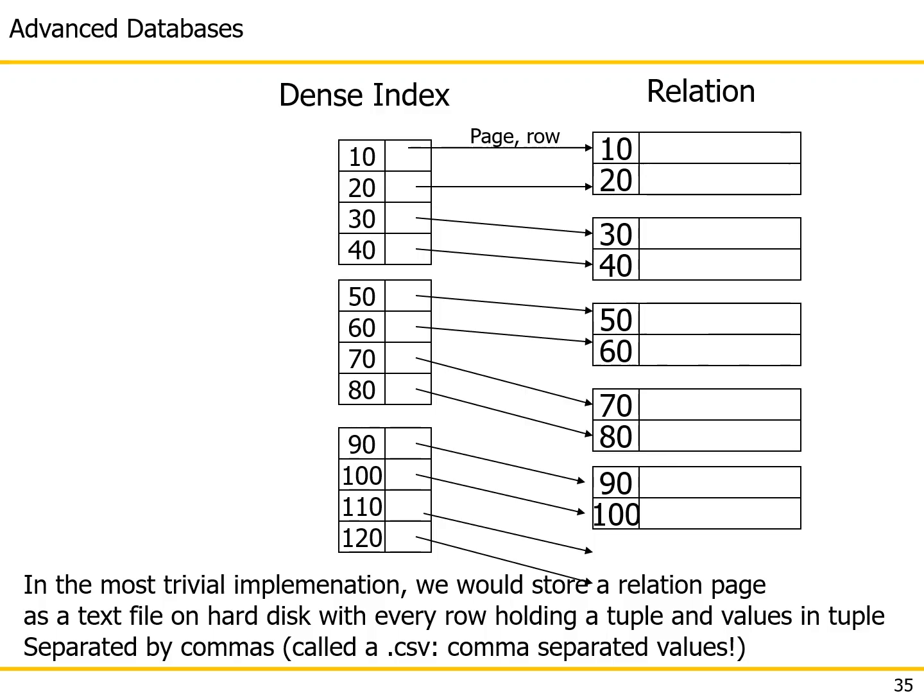If my table is made up of text files, just plain text files, the pointer that you're seeing that has the title page, comma, row, the page is going to be just the file name on disk, and perhaps even the path to the file, which directory it exists in.